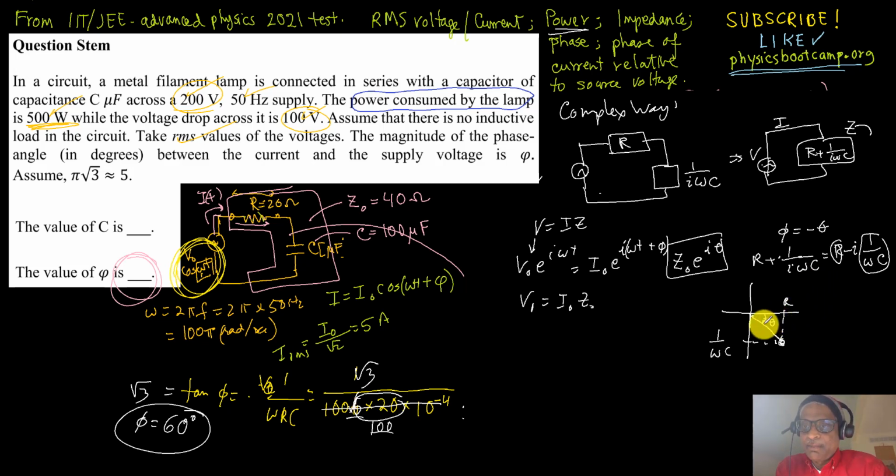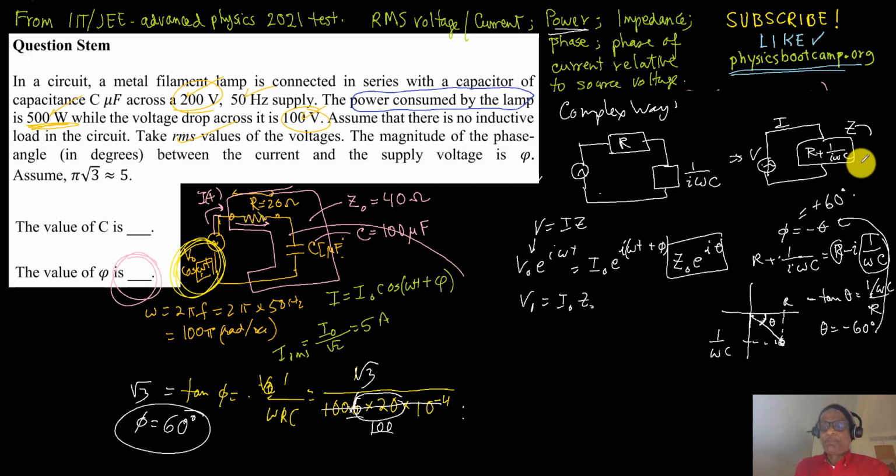It's a negative number, so theta is minus tangent inverse of 1 over omega C over R. So theta turns out to be minus 60 degrees, and you plug in here and that gives me plus 60 degrees.